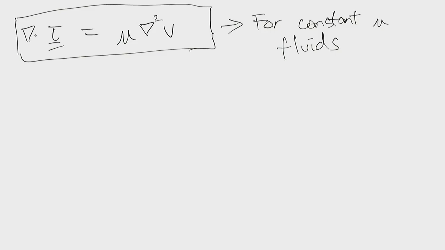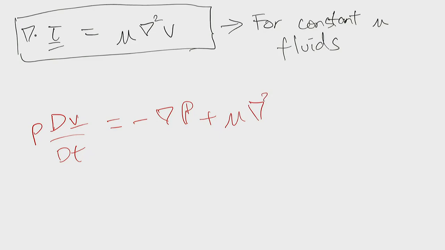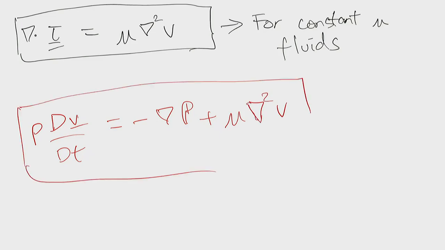And so what we can do is plug this into the Cauchy momentum equation, and what we have is a very important relationship between the total material derivative and the dynamic pressure field and the velocity field, which is, as hopefully some of you might recognize, the Navier-Stokes equation.